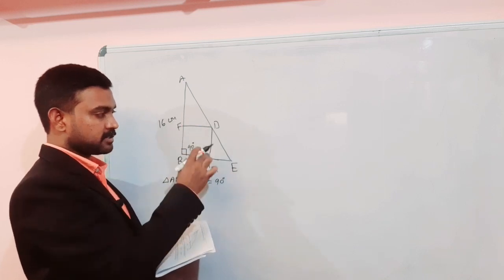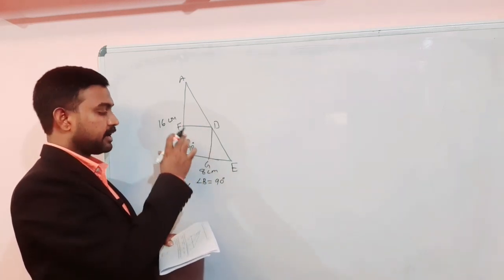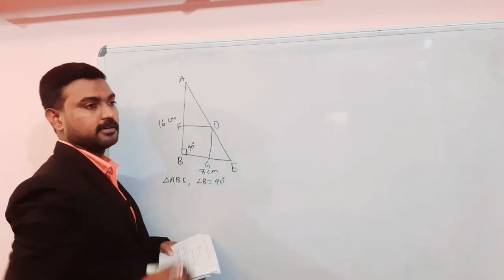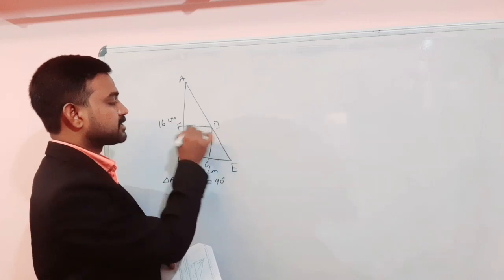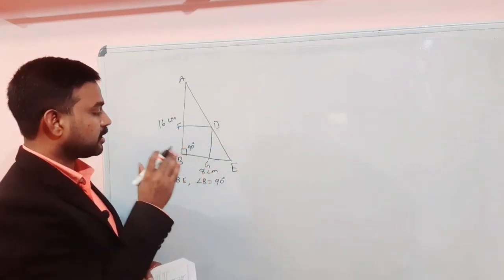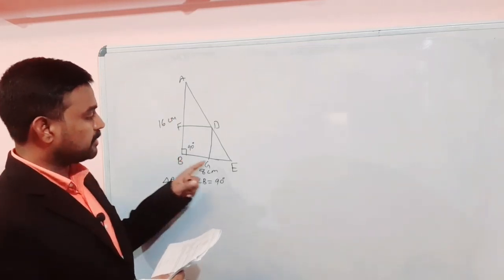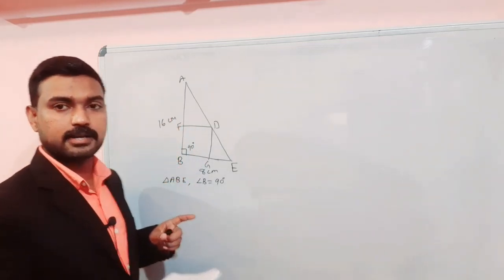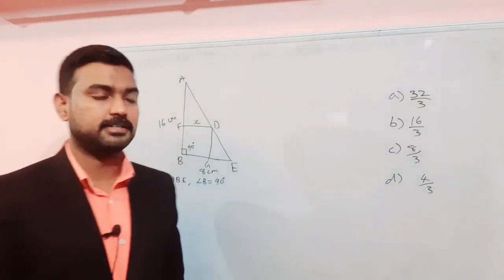FDGB is the largest square possible to inscribe in the triangle ABE. So we need to find the length of the side of this square, which is the maximum possible square inscribed inside the triangle. Inscribed means it is inside the triangle. We can try to find the right answer.